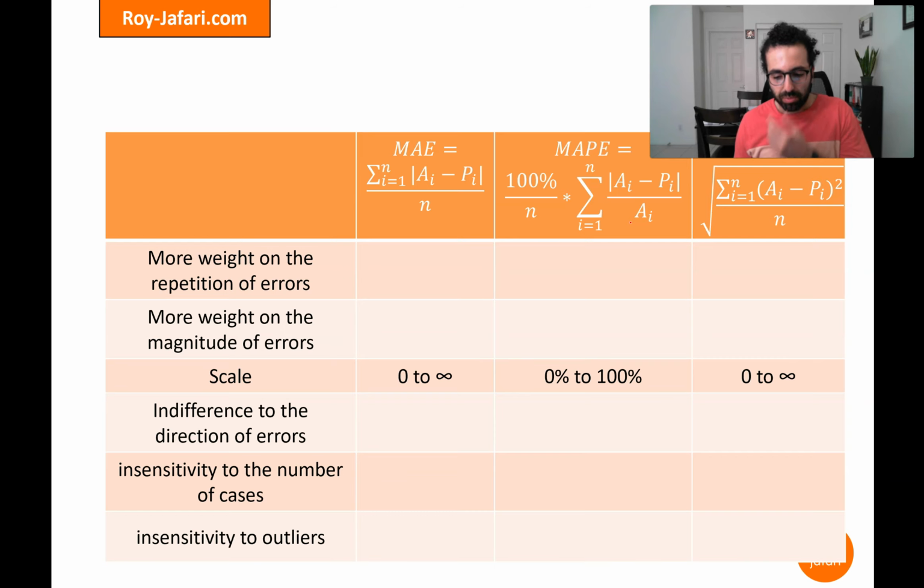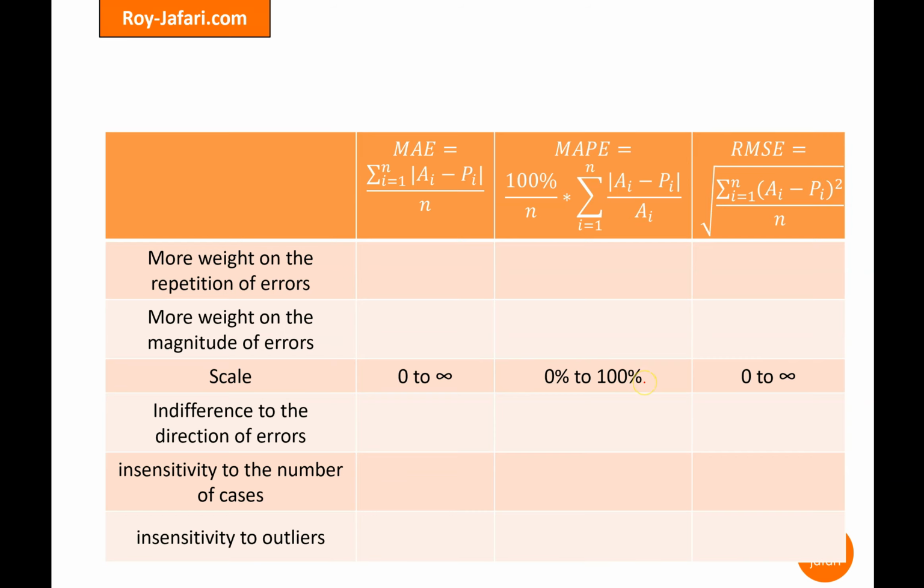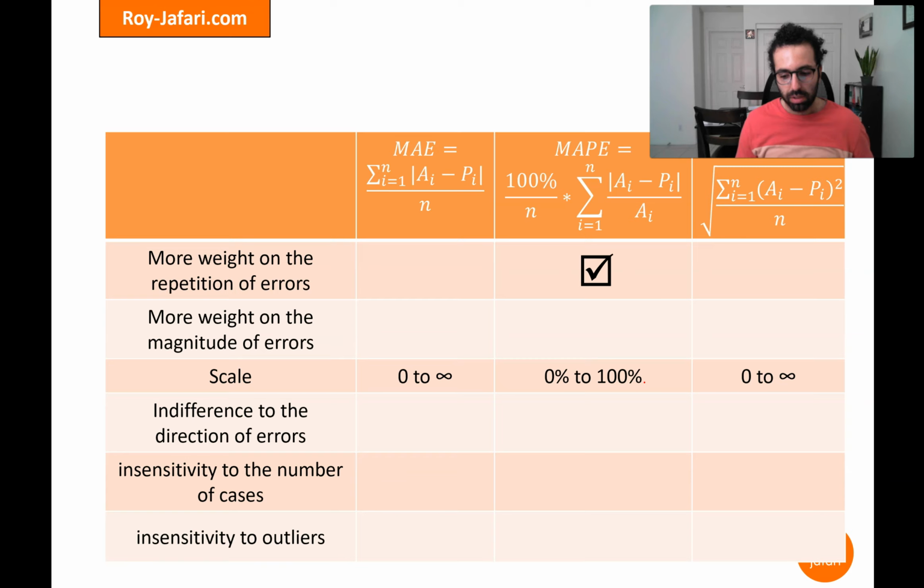First thing is, MAPE is the one that puts more weight on the repetition of error. It means that if you have an acceptable prediction, meaning it's not off by more than 2, so that's an acceptable prediction.